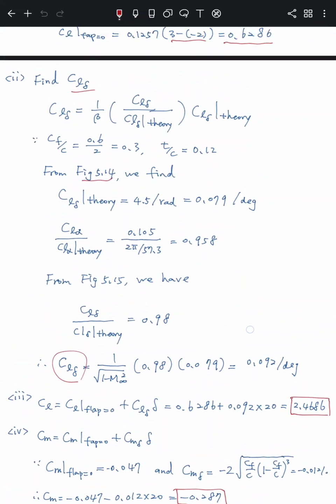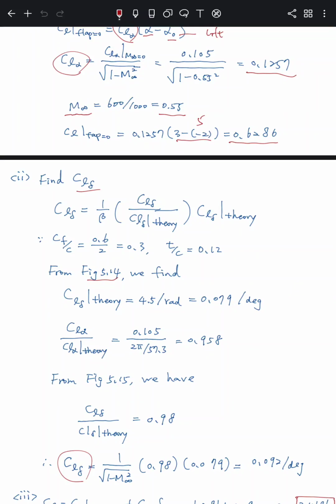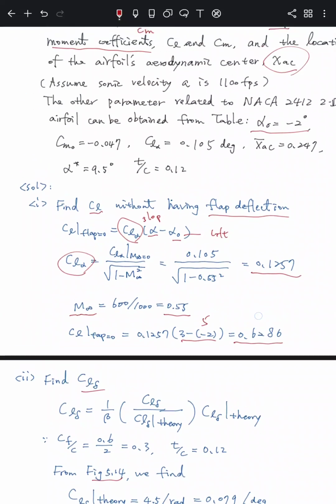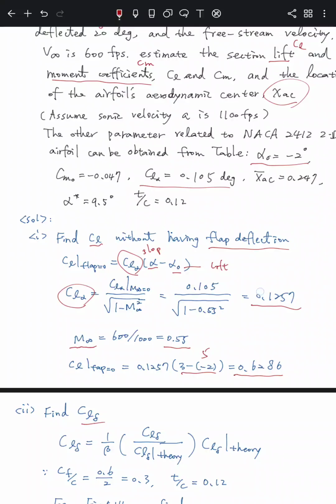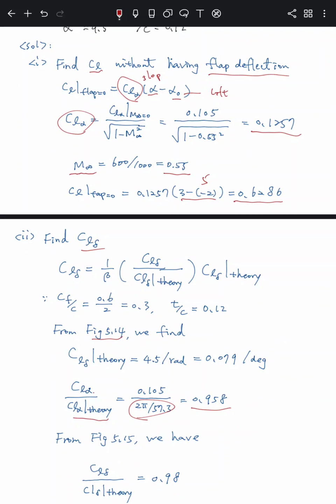CL alpha equals 0.105, given by the table here, and this is the theory value. We have to convert it to degrees, so we make the manipulation, and we get the result 0.958.